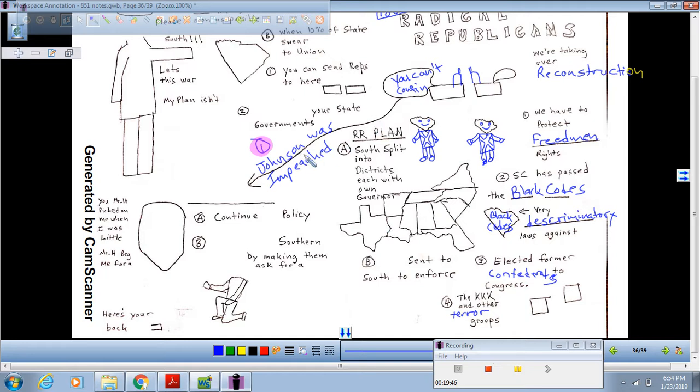Now, the other actual parts of the Reconstruction Plan were that, two, the military was sent to the South to enforce all of the Reconstruction Amendments which had been passed by then, the 13th, 14th, and 15th Amendments.